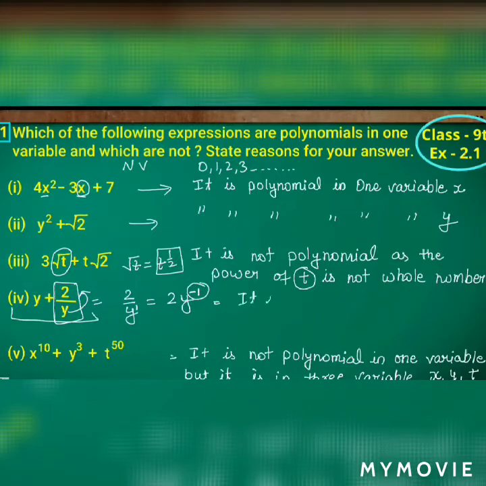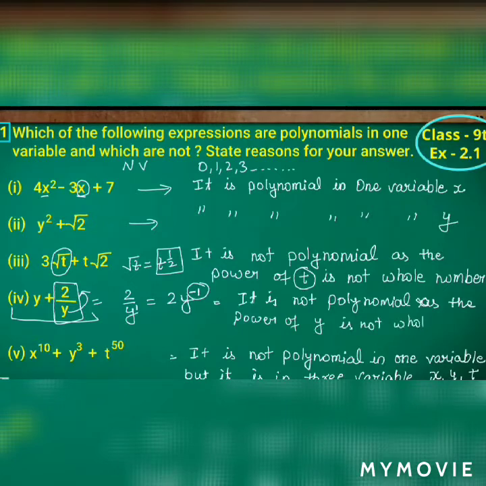Let's write here: it is not a polynomial as the power of y is not a whole number. Since it has a negative integer, it will not be a polynomial.